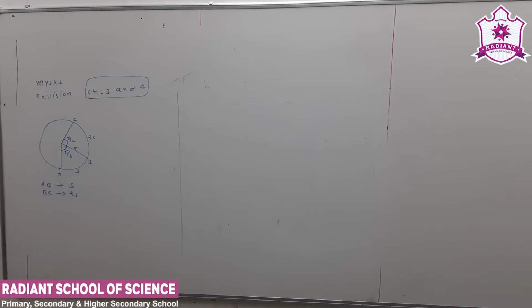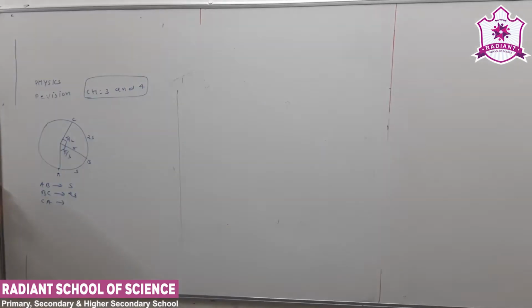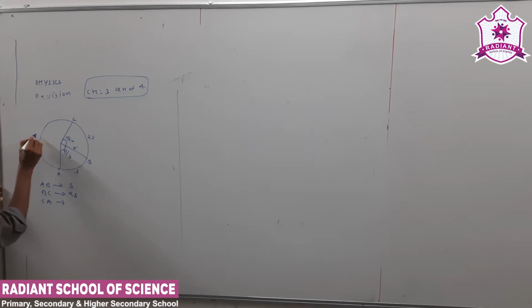And the remaining part, CD or CA, it moves with the speed 3s.